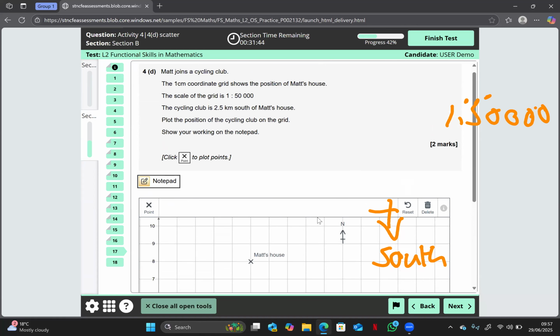Yeah, sorry. So we need to do a centimeters to kilometers conversion.